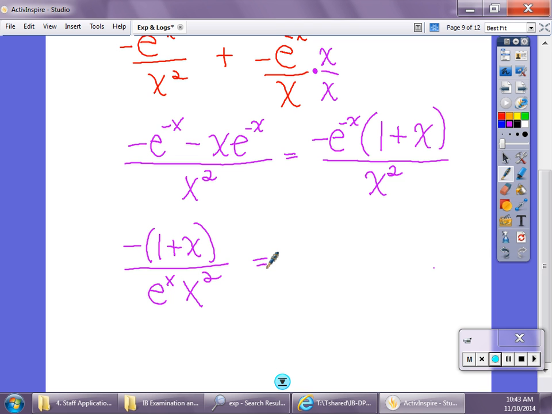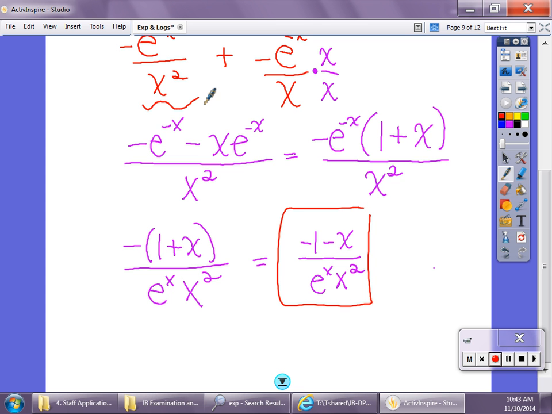Or they could multiply in that negative, and we could get negative 1 minus x over e to the x, x squared. All of these are forms of that same answer. On an AP test, you might do the problem and get this answer up here, but you need to be able to get to whatever possible form the AP test gives you. Okay?